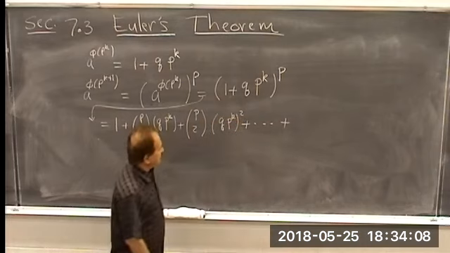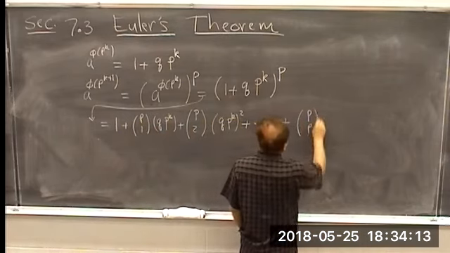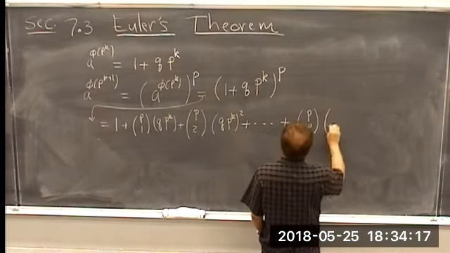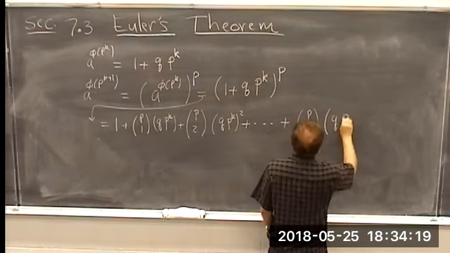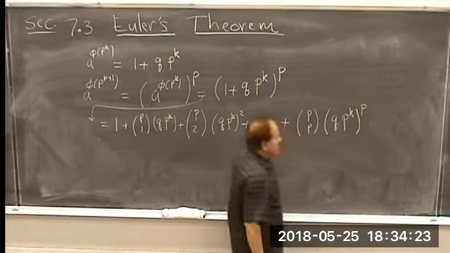And the last term is going to be P choose P, which is going to equal 1, times Q P to the K, to the P.